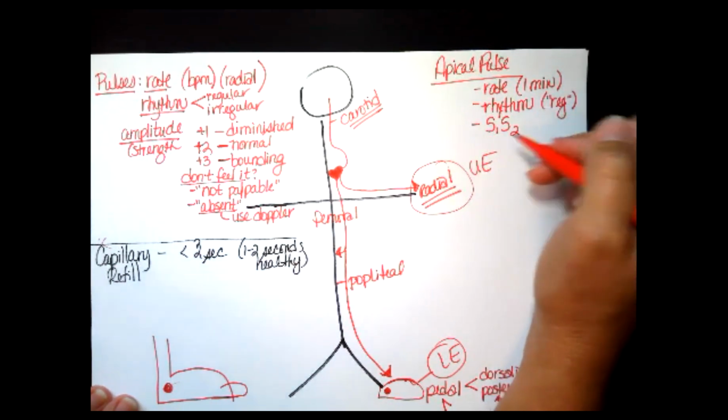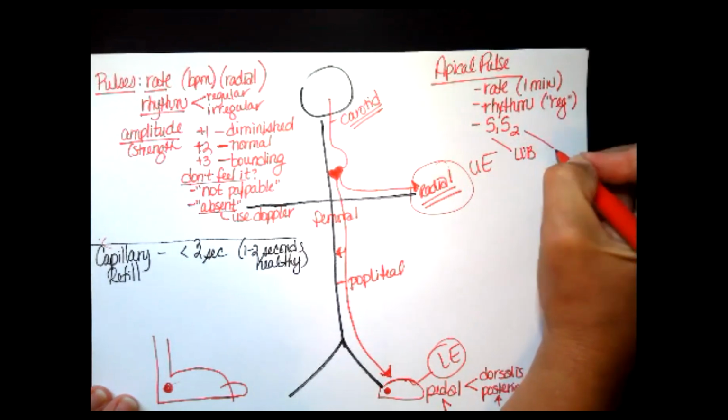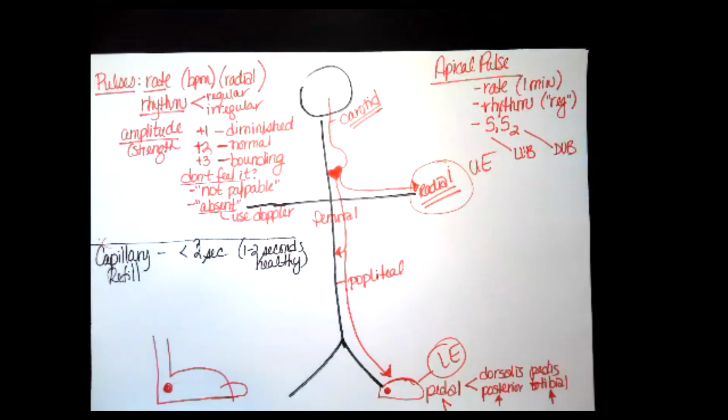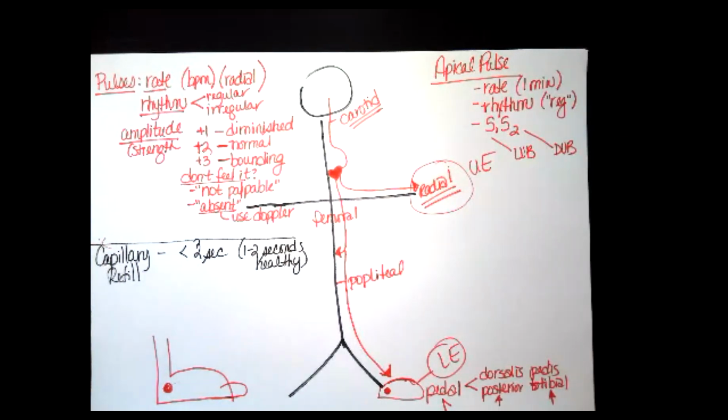The S1 is the lub that you hear, and the S2 is the dub that you hear. If I hear lub dub, lub dub, that means they have a good S1, S2. What you might hear sometimes is lub dub dub, lub dub dub, and it's not just S1 and S2, but it has other noises and other sounds. So that is not good heart sounds.